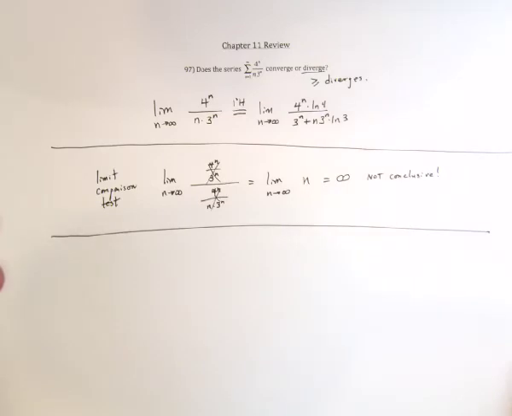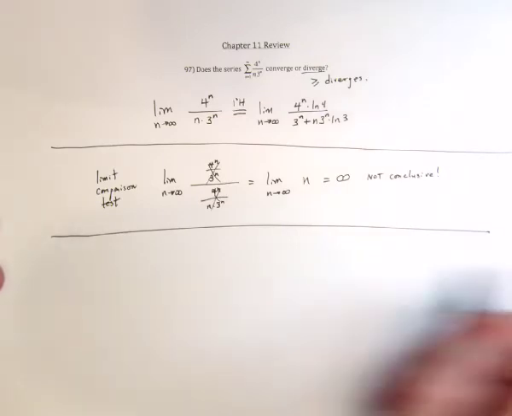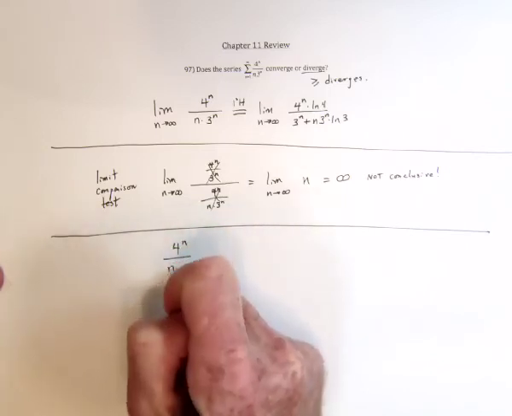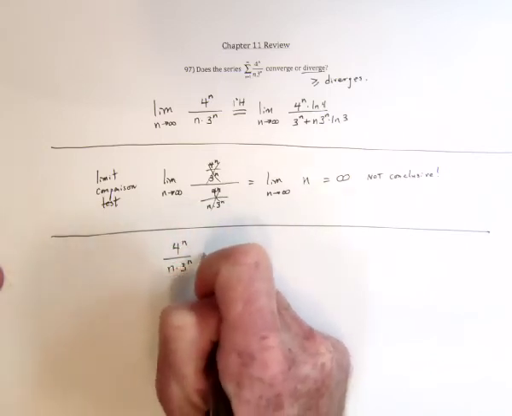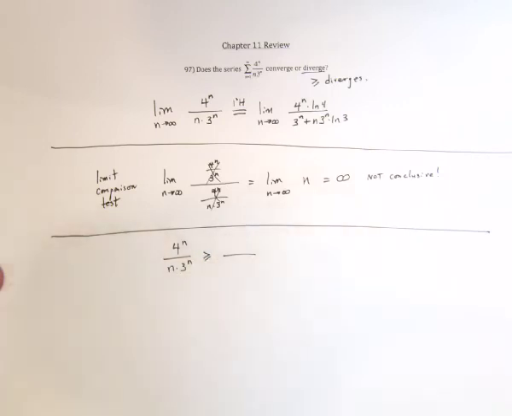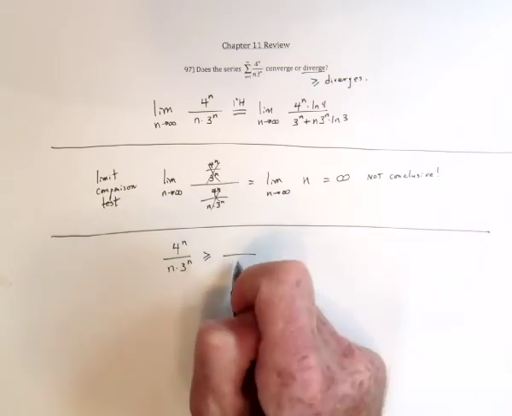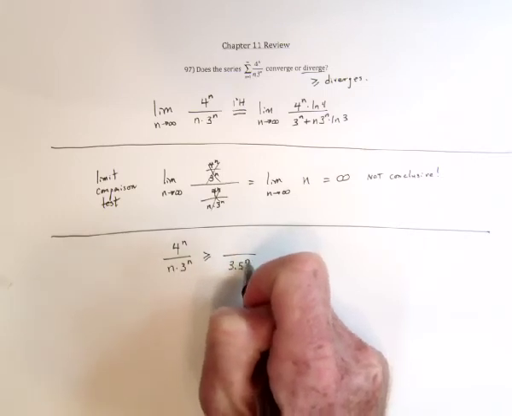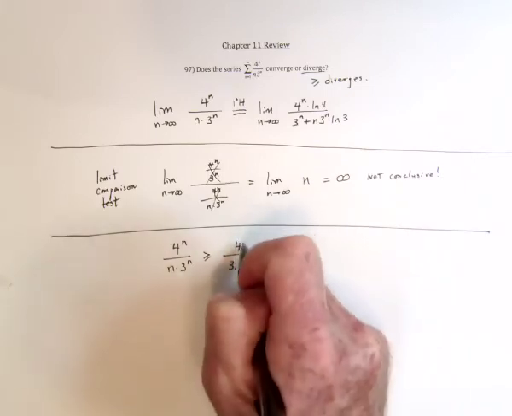Well, could we do a comparison where ours is bigger than or equal to another one that I know diverges? How about if I put 3.5 in here, and I put 4 to the n here?